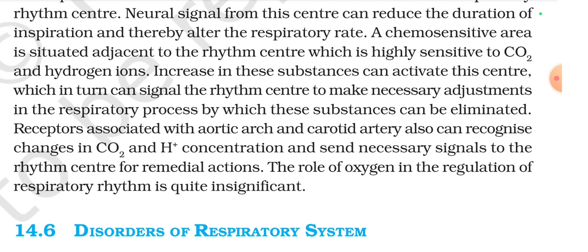Receptors associated with aortic arch and carotid artery also can recognize changes in CO2 and hydrogen ion concentration and send necessary signals to the rhythm center for remedial actions. The role of oxygen in the regulation of respiratory rhythm is quite insignificant.